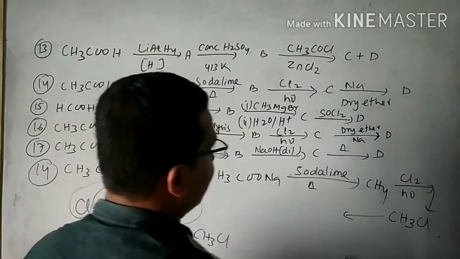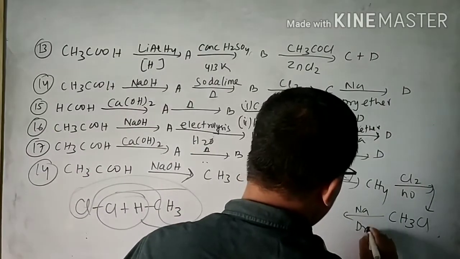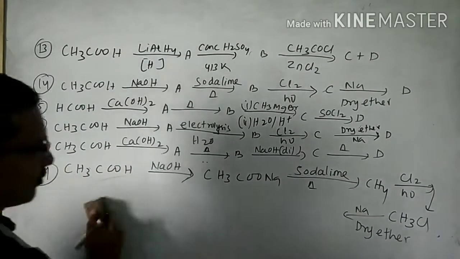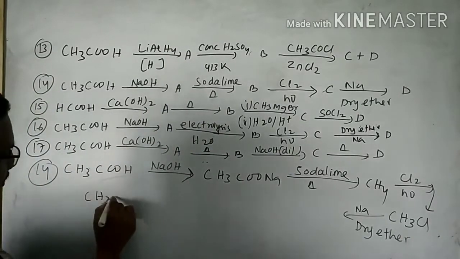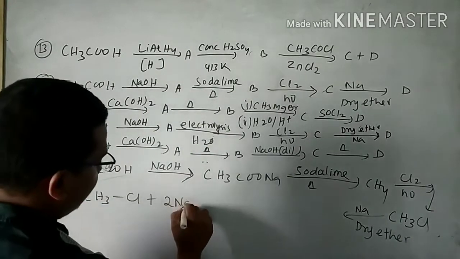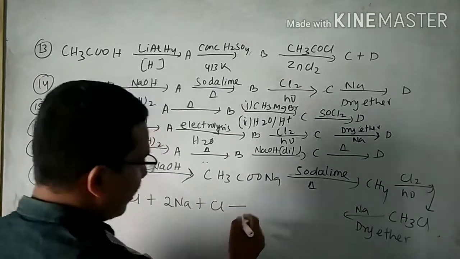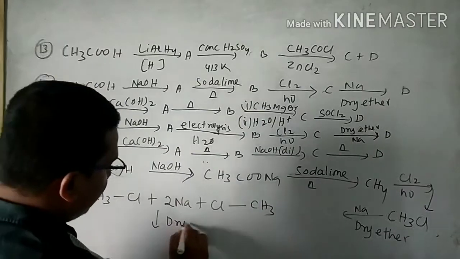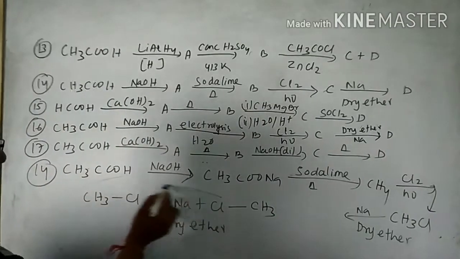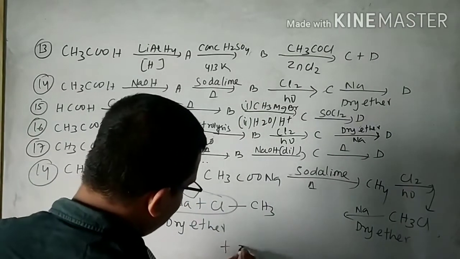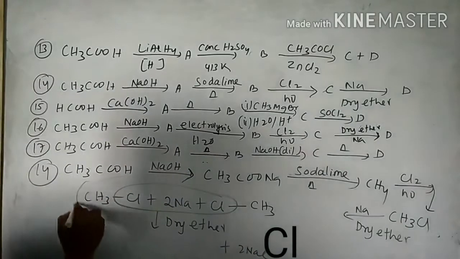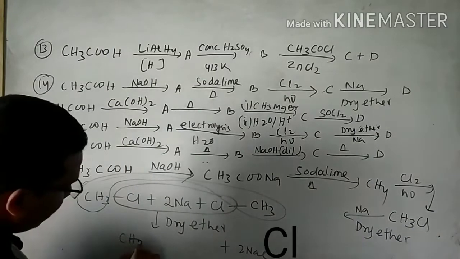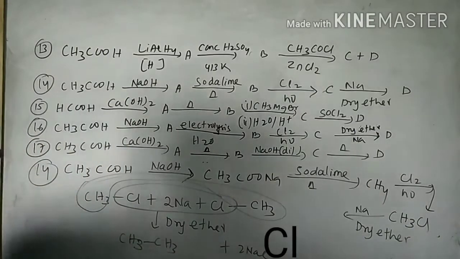Next it is subjected to reaction with sodium in dry ether. That is also said to be Wurtz reaction. Two molecules of methyl chloride, CH3-Cl, and 2 sodium atoms are taken in the presence of dry ether. Generally we get the byproduct NaCl, and the remaining 2 groups form CH3-CH3, that is said to be ethane.